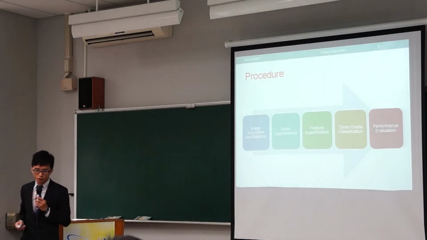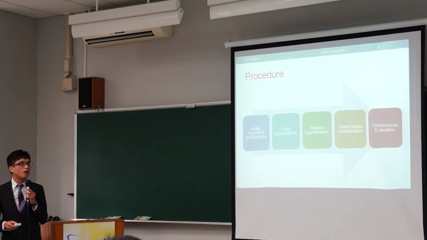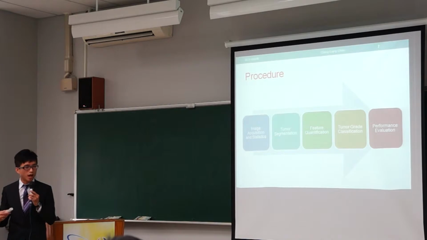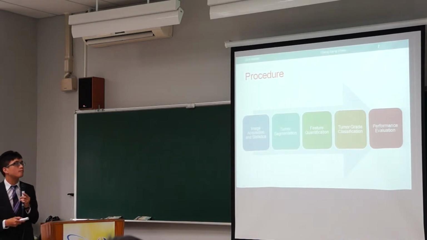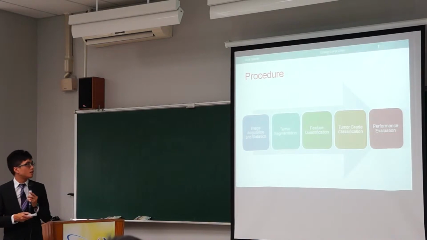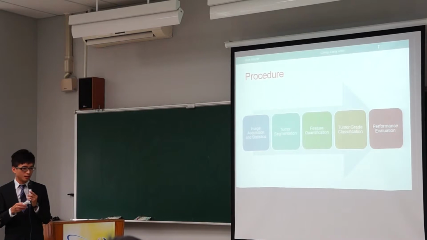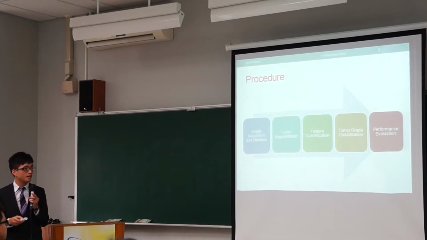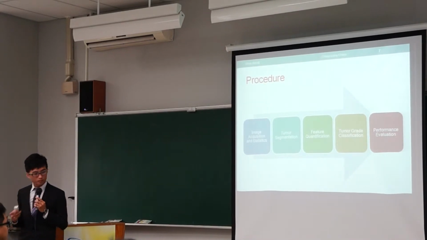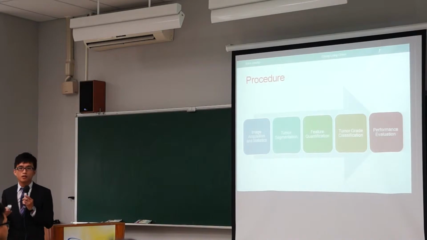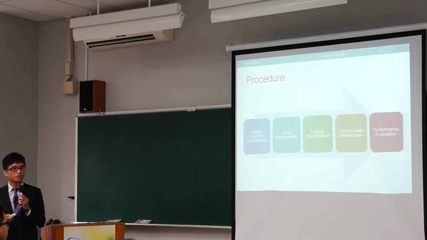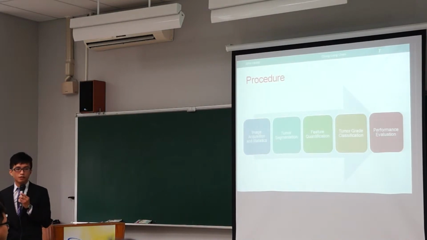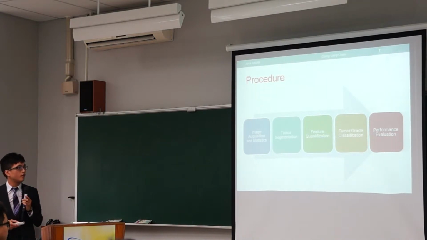This is the procedure of the study. First, we obtain the three-dimensional ultrasound image from patients. Second, we segment the tumor from the ultrasound image, and then we define textural, morphological, and other features to describe the characteristics of the tumor.